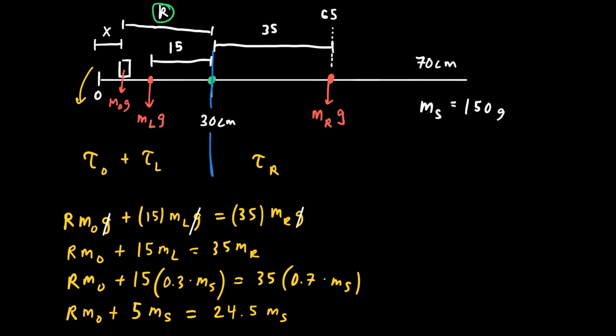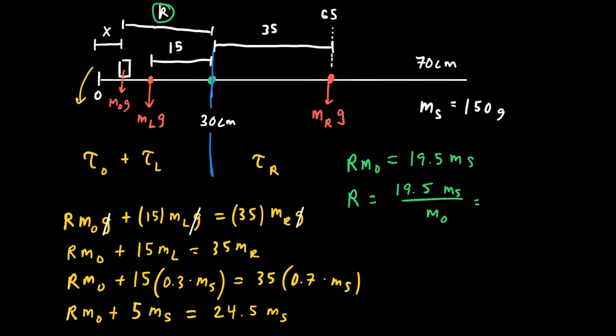So we need to solve this for r. And the way that we do that is we say that r times the mass of the object equals, let's subtract the 4.5 ms over to the other side. 24.5 ms minus 4.5 ms is 20 ms. And so we get r equals the result divided by the mass of the object.